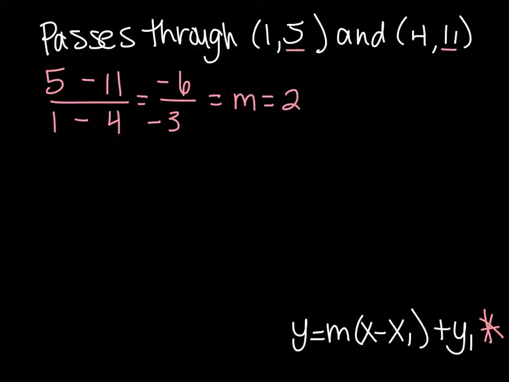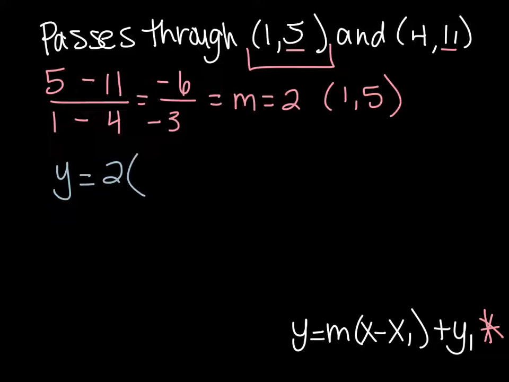And I'm going to choose a point, and I'm going to choose this point right here just because the numbers are a little bit smaller. So let me show you how to use this equation. Y equals the slope, which is 2, so I'm going to replace m with 2, x minus the x value. Or sometimes I say x and the opposite of x, because this right here means the opposite.